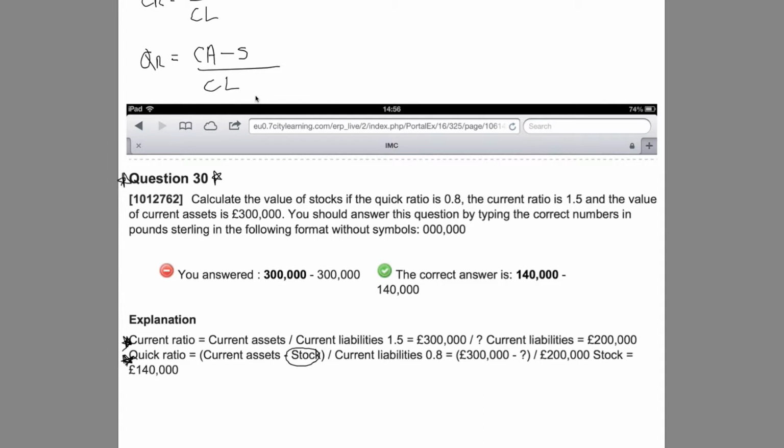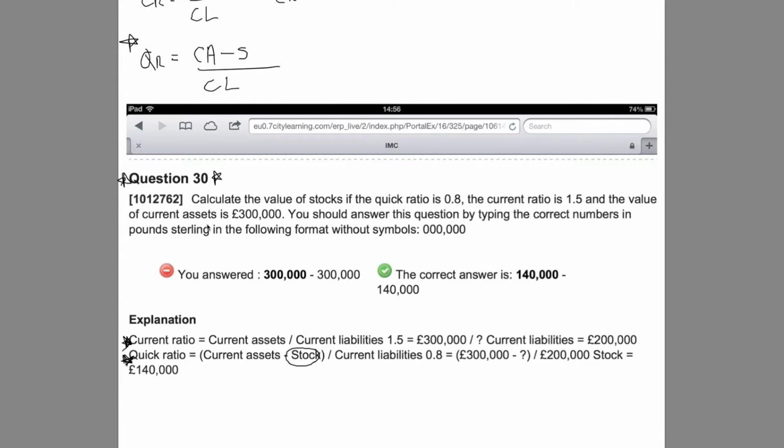Now if you have a look at the question, it's probably not that well laid out in terms of the way they presented their formula. So it's always best to just write the formula out with a numerator and a denominator and really understand what's going on. So if we have a look at the current ratio first of all, we are looking for the current ratio, which is current assets divided by current liabilities.